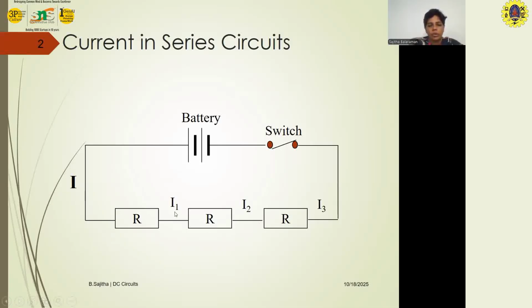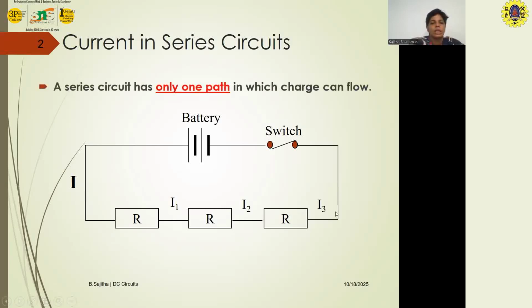The current flowing through these resistors becomes I1, I2 and I3. A series circuit has only one path in which the current can flow. So the current remains undivided here. That is, the same current flows through R1, R2 and R3.